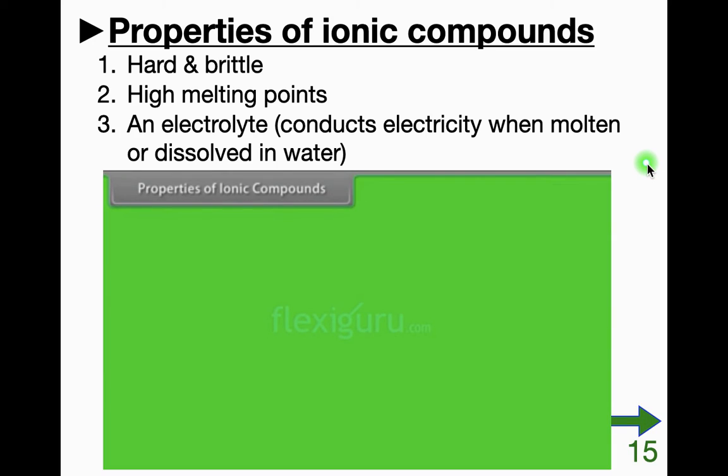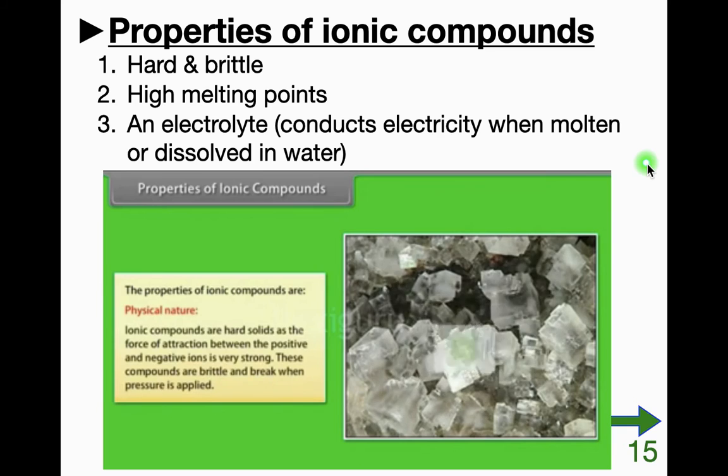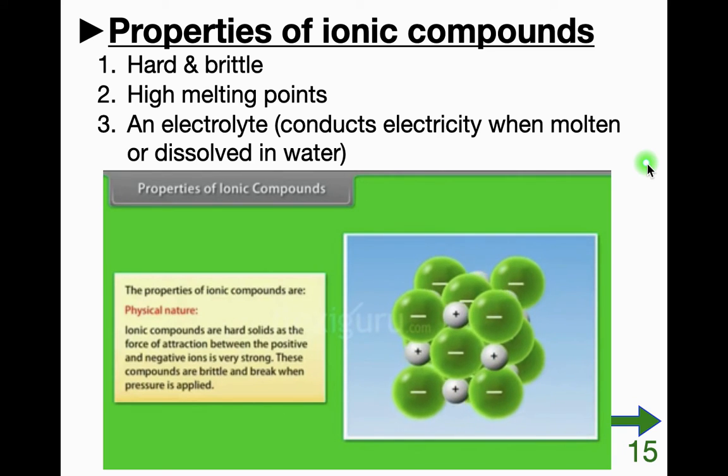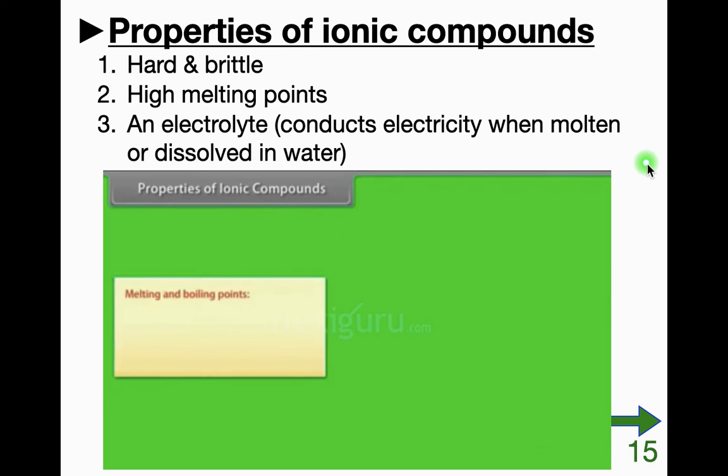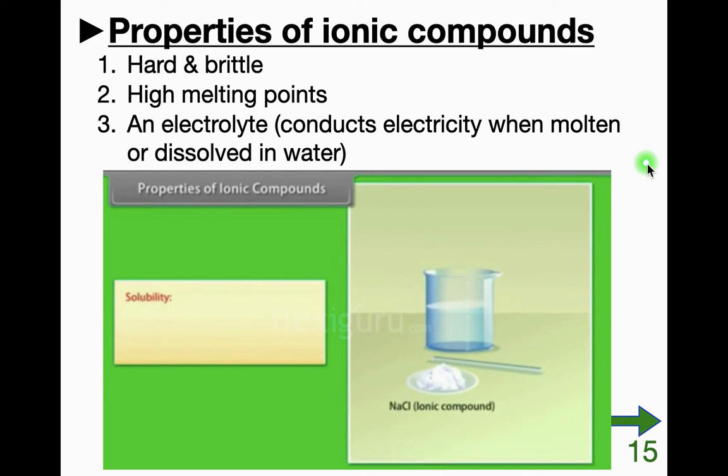Properties of ionic compounds. Let us look at some ionic compound properties. Physical nature. Ionic compounds are hard solids, as the force of attraction between the positive and negative ions is very strong. These compounds are brittle and break when pressure is applied. Melting and boiling points. Ionic compounds have high melting and boiling points because of a considerable amount of energy that is required to break this strong inter-ionic attraction. Solubility.